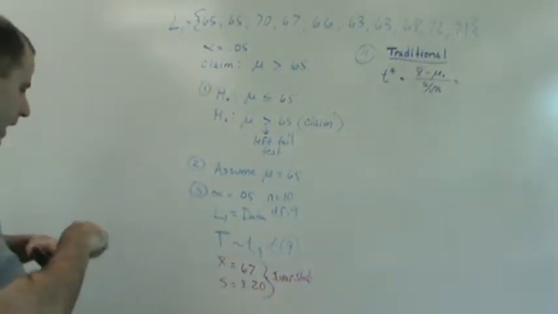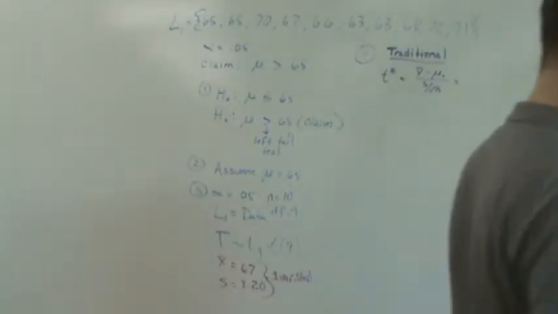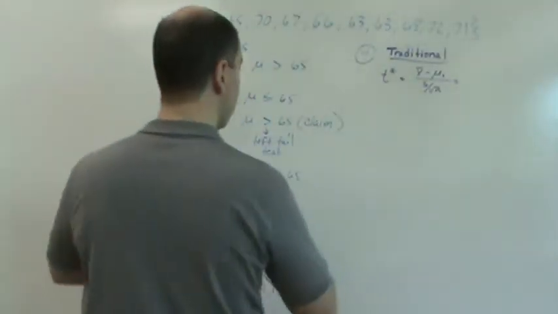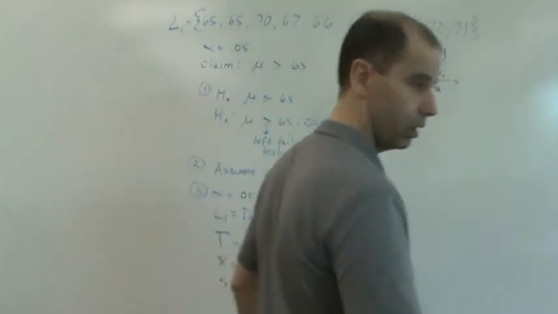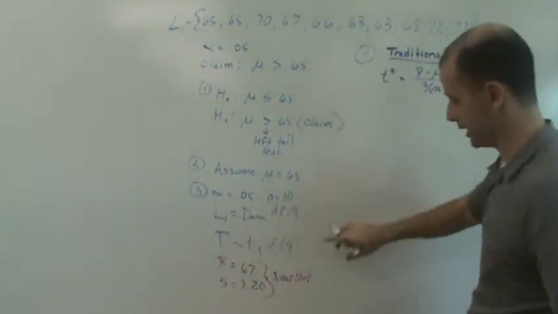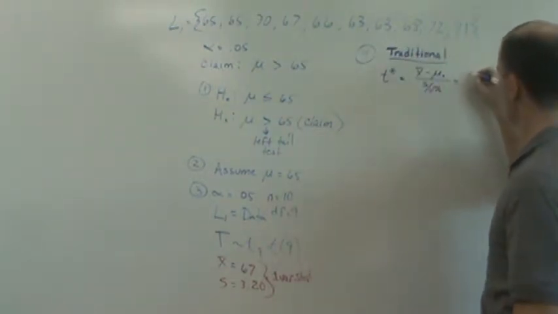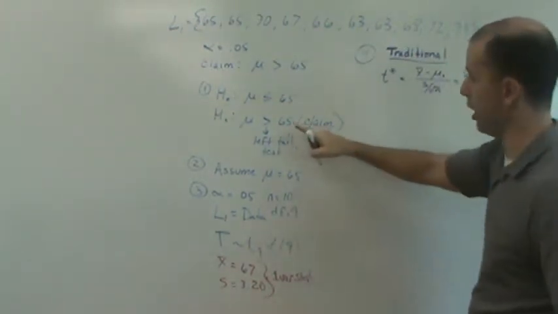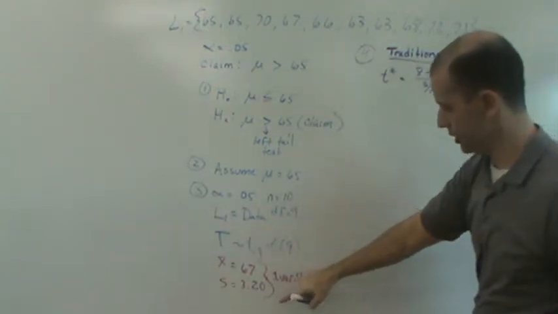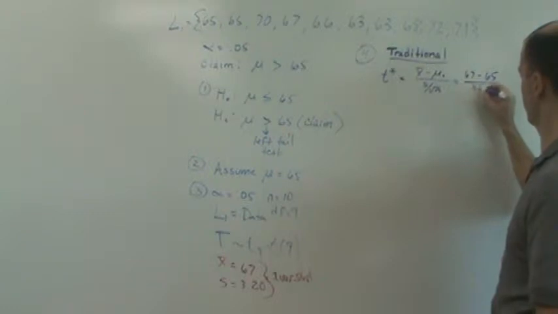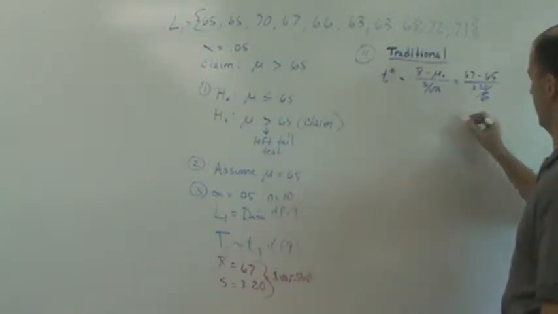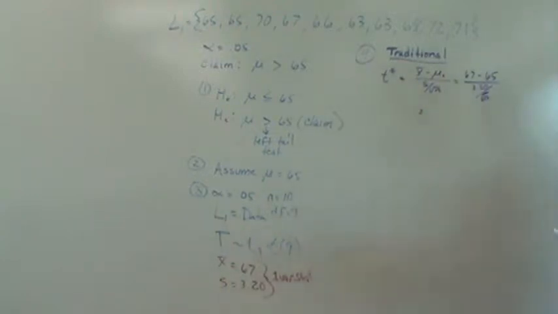Now that I have that information, I can use it up here. So x bar is 67, so it's 67 minus mu naught, which is 65, and then s, which is 3.20, divided by the square root of n, which is 10. What do I get when I plug that into the calculator?